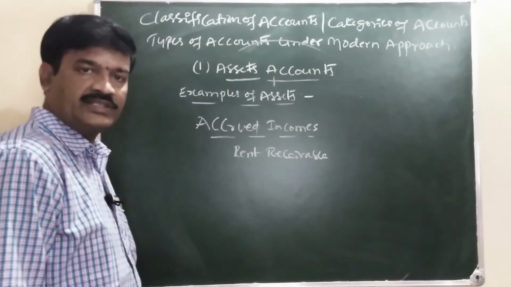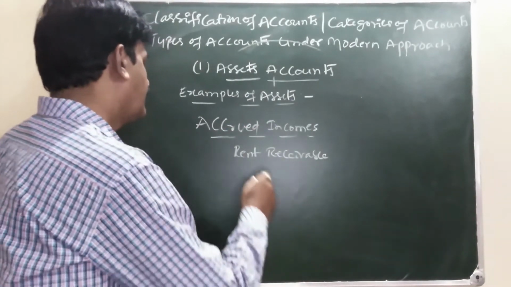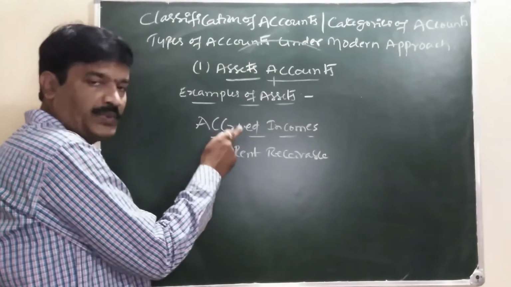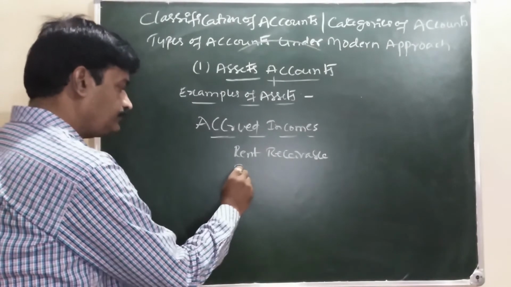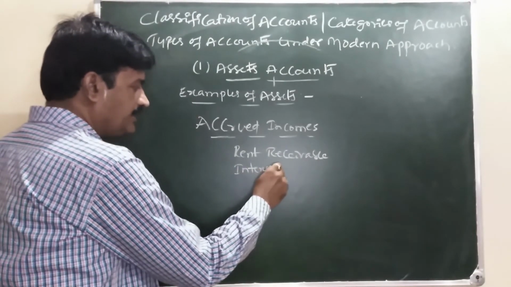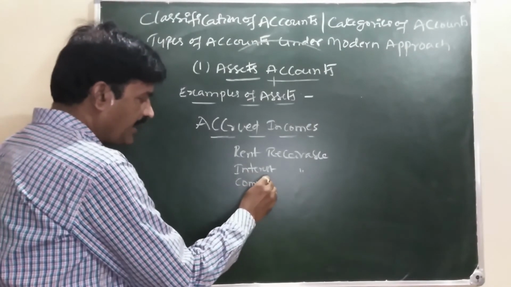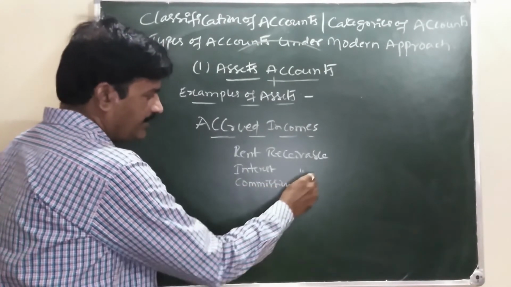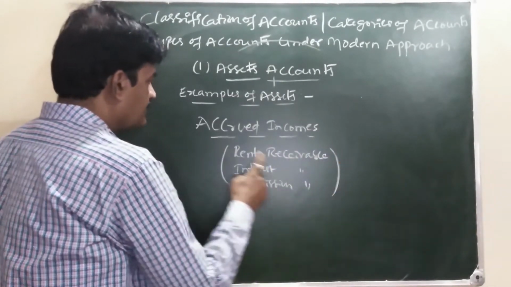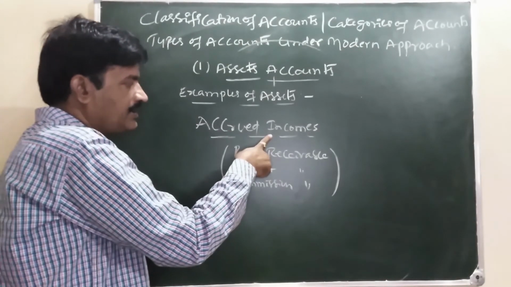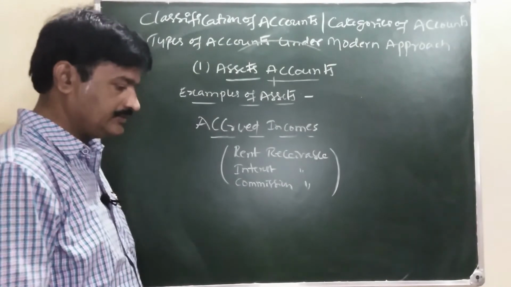Some amount is not received yet. Receivable comes under accrued income. Rent receivable, interest receivable, commission receivable come under accrued income. Accrued income comes under assets.